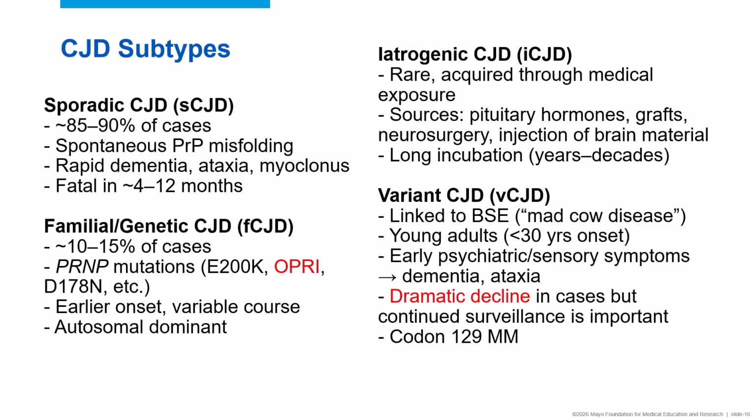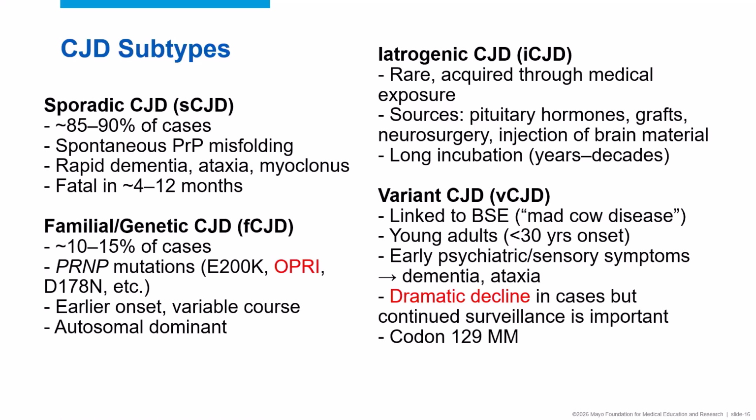So there are additionally other kinds of CJD etiology. Sporadic is, again, the form that I was just mentioning, that makes up 85 to 90% of cases. And then there are also familial or genetic forms of CJD with commonly occurring mutations. These mutations are thought to accelerate the propensity of the protein to undergo that conversion to the beta sheet predominant form.